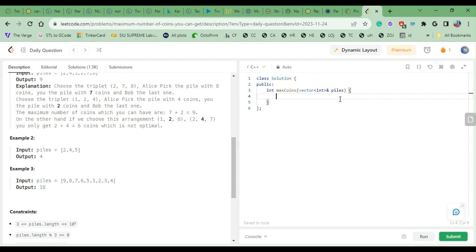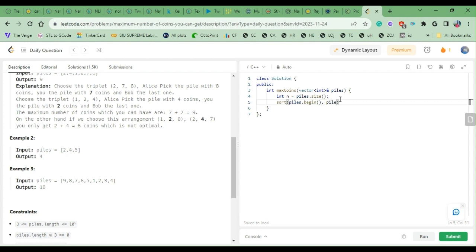So first I can initialize a variable n with the files size. I'll tell you later why I use this variable n. Then by default in C++, there is a sort library. So if we use begin, here for C++ we have to write the parameters inside the sort function this way.